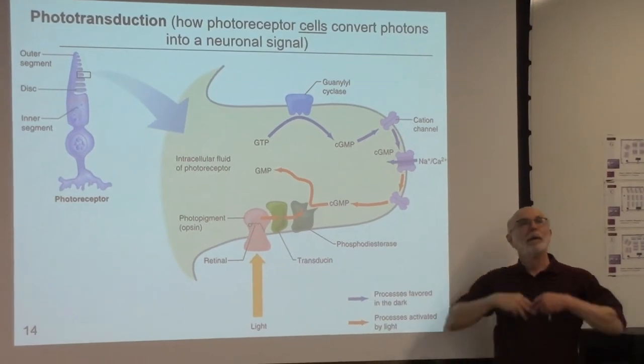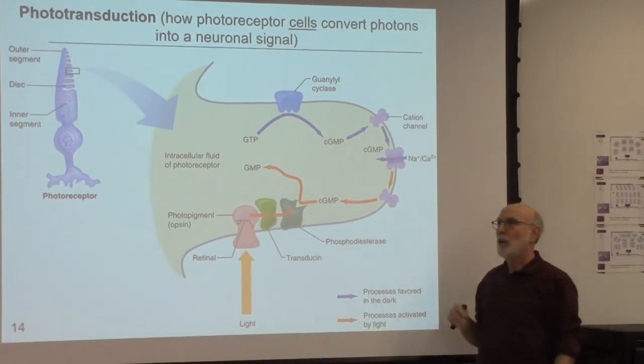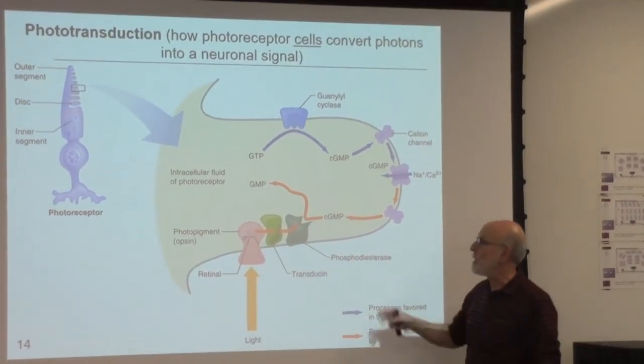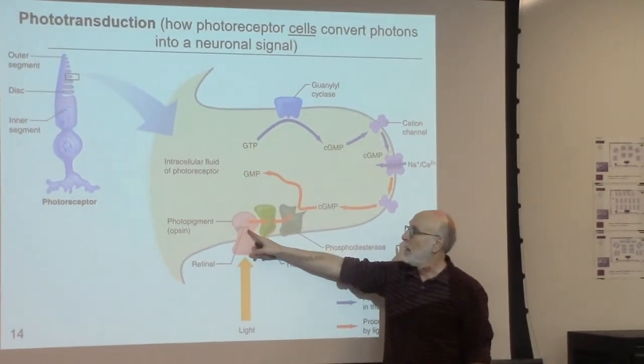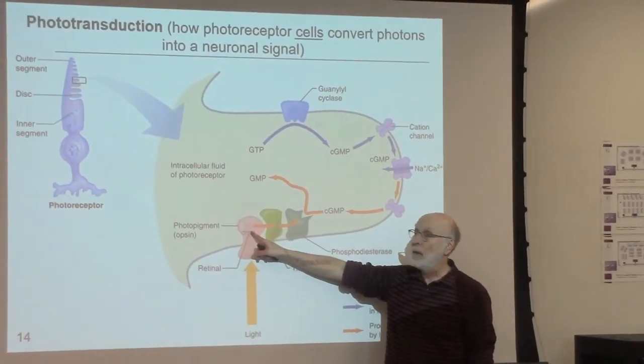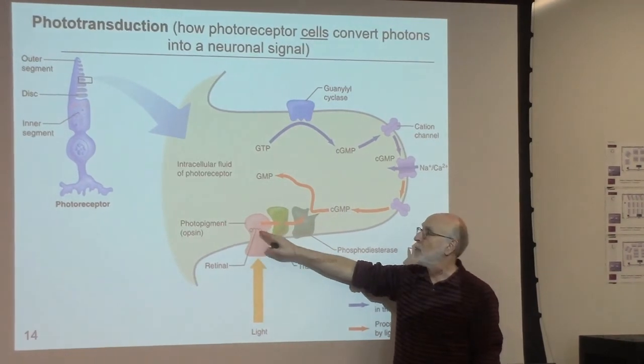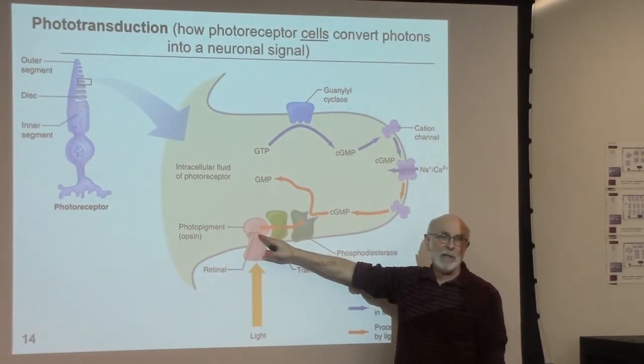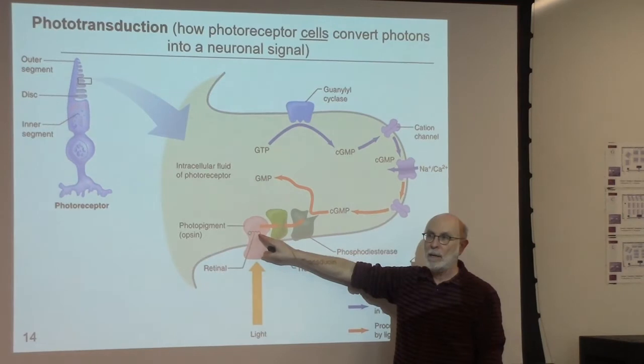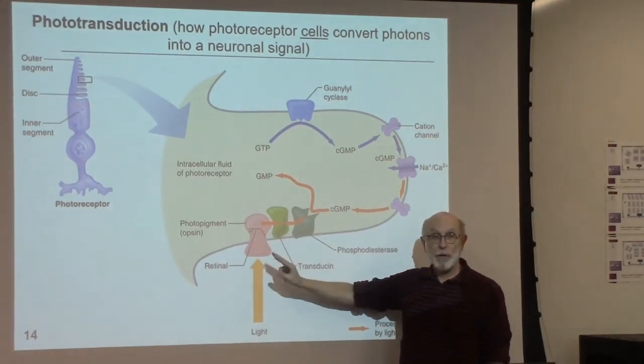Okay, now, let there be light. We're now in a light situation. Light hits the retinal, causes a cis to trans isomerization of the retinal. So there's the first step.